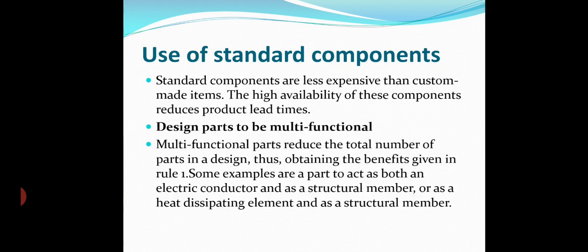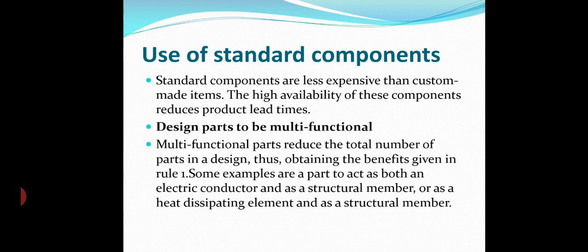Next one, use of standard components. Standard components are less expensive than custom made items. The high availability of these components reduces the product lead times. Design parts to be multifunctional. Multifunctional parts reduce the total number of parts in a design, thus obtaining the benefits given in Rule 1.